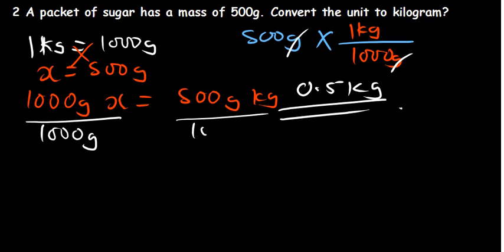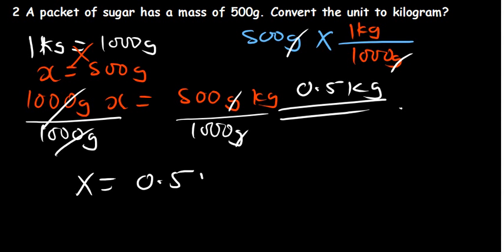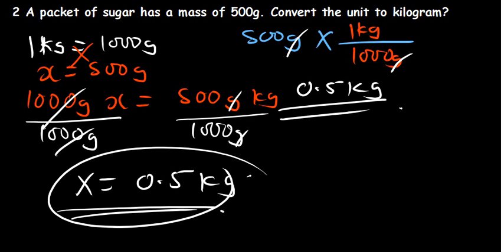So these will cancel, and x will be equal to 500 divided by 1000, which is 0.5 kg. But this method, most of the times we use it when we are dealing with secondary level, but under NS, when we're talking about natural sciences, we use dimension analysis because this topic is under dimension analysis, so we prefer using that. Okay, so that is it for question 2.